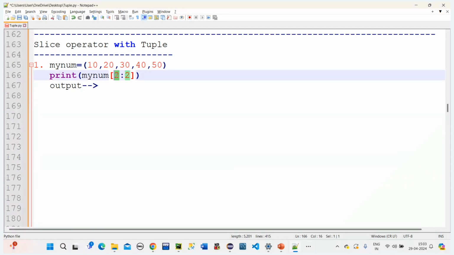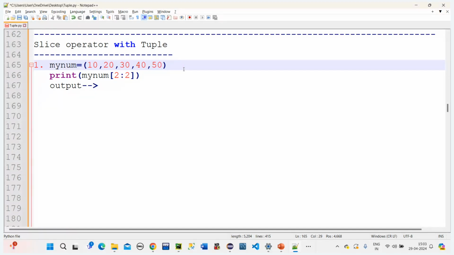It is starting at index 2, meaning 0, 1, 2, okay, 30. But it is ending there only, no? Like, 2 means less than 1. So it is going in the reverse direction. See, for example, starting at 2 means it is starting from 30. From 30 it will start. But we are not taking the exact 2, we are taking 1 minus.